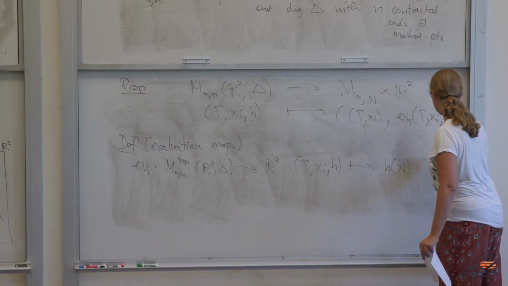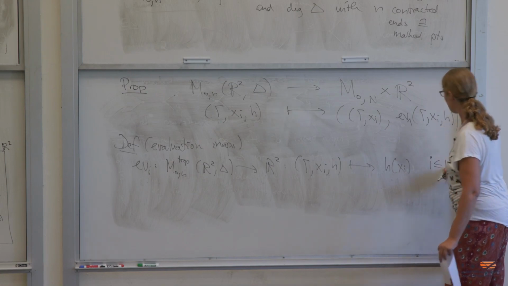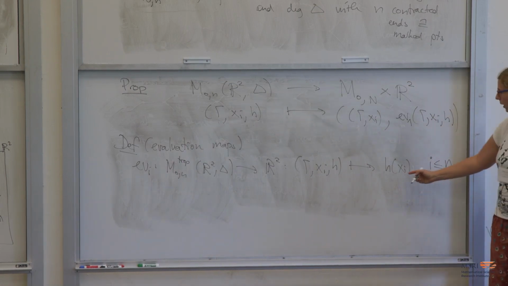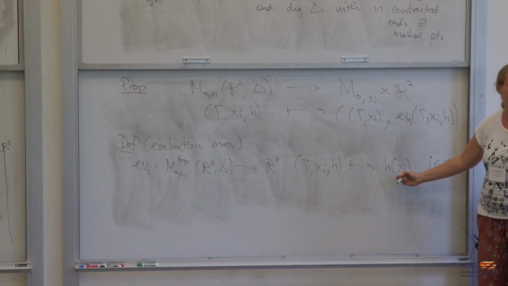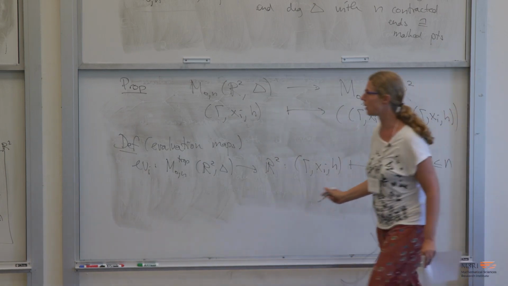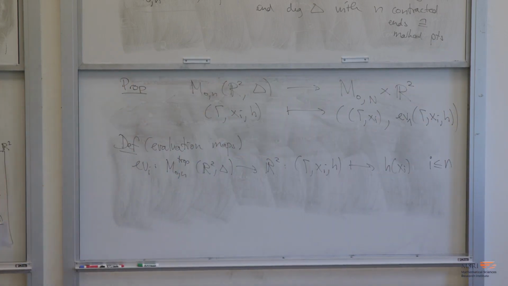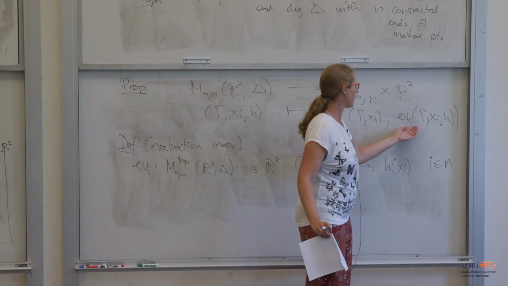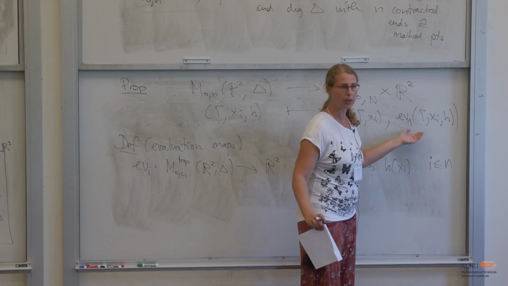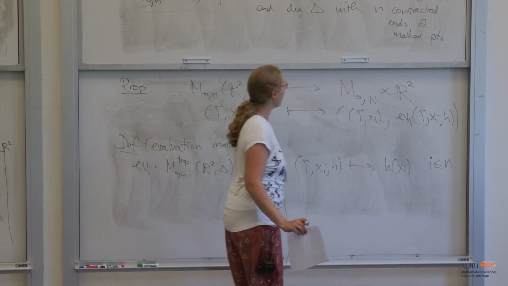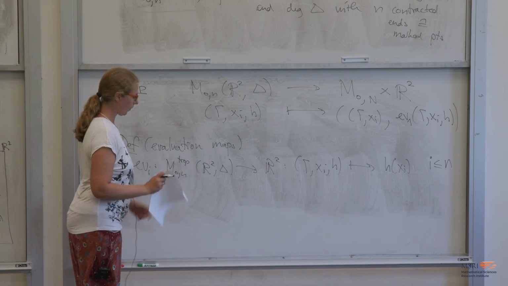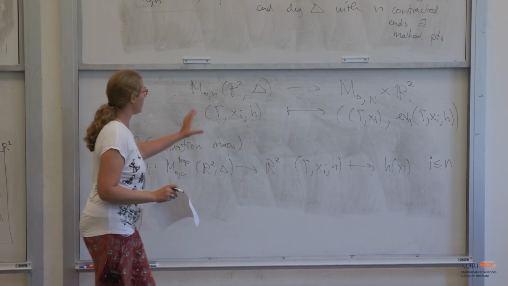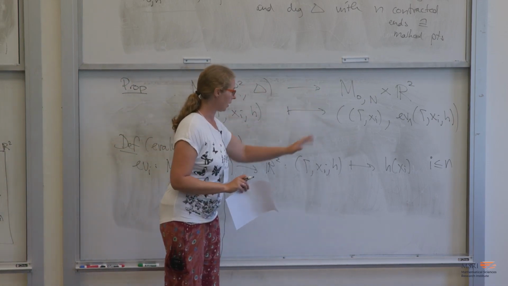And I do that for i less than or equal to little n, because these are the contracted ends. So h of xi_i is a well-defined point in R2. I can just ask, where is this end mapped to? That point, that's what the evaluation map does. And here that I picked the first one is just a convention, a choice. I need to choose one. And I claim this is an identification. This is a bijection, actually.